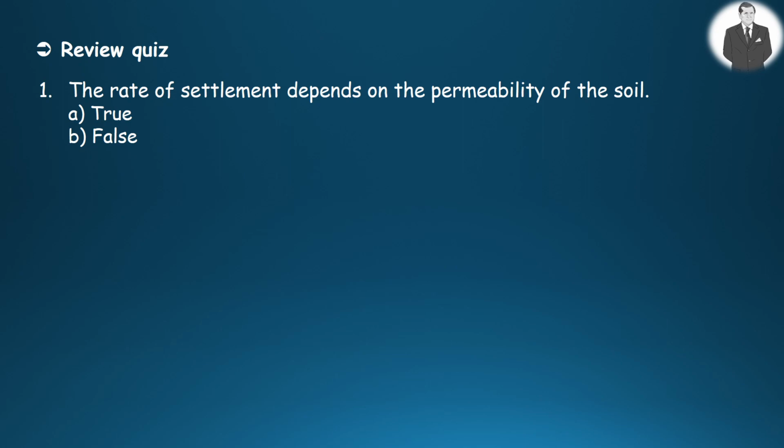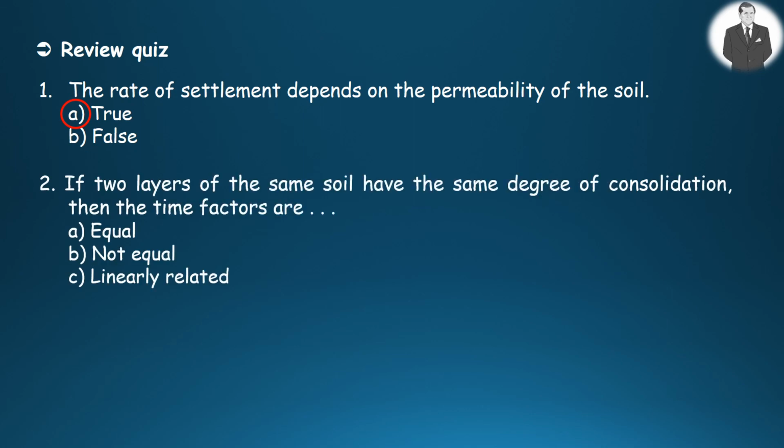It is quiz time now. The first question: the rate of settlement depends on the permeability of soil. True or false? Yes, the answer is A. The statement is true. The second question: if two layers of the same soil have the same degree of consolidation, then the time factors are what?